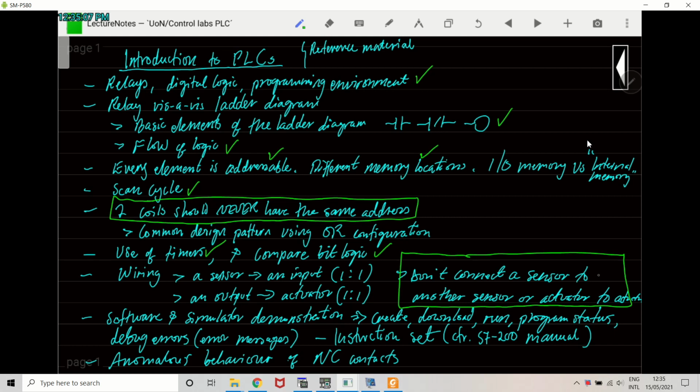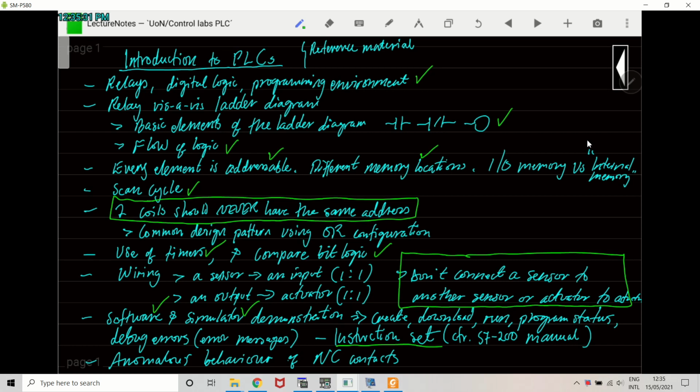Don't connect a sensor to another sensor or an actuator to another actuator. I've introduced you to the software and the simulator and how you can create your own programs outside the lab and test them. I spoke about the instruction set, which is very important, especially if you're to advance in your knowledge, because what I'm giving you in the lab is very little, but you can read more on the instruction set.